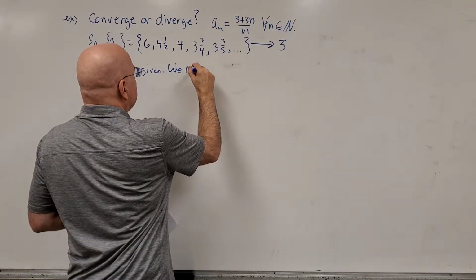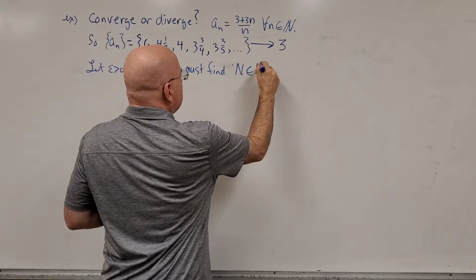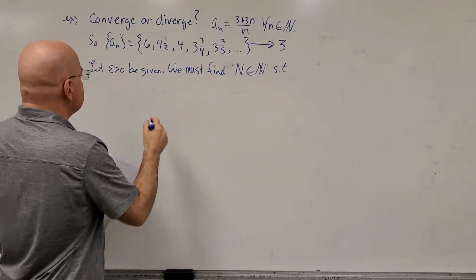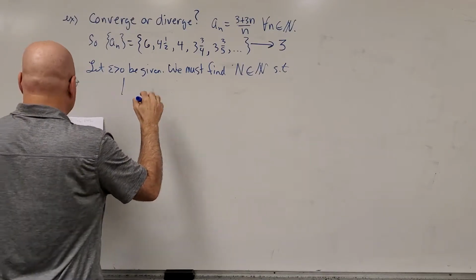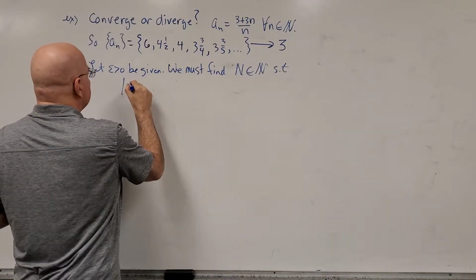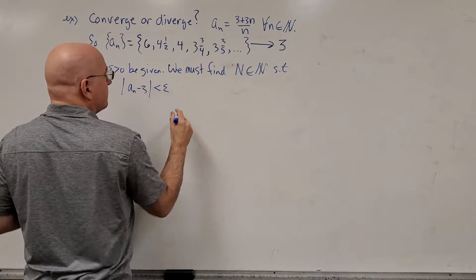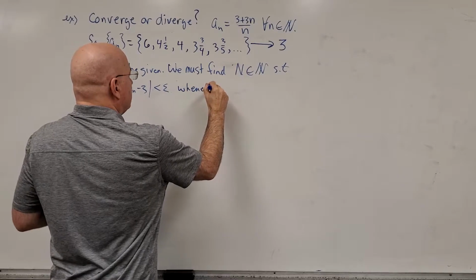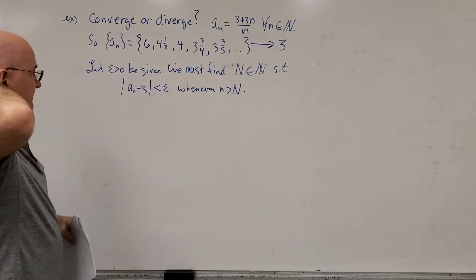We must find the capital N in the natural numbers such that |a_n minus a| is less than epsilon whenever little n is bigger than capital N. That's what we need to find.